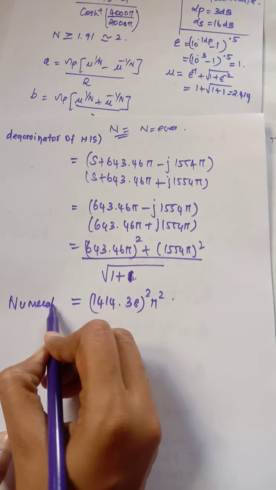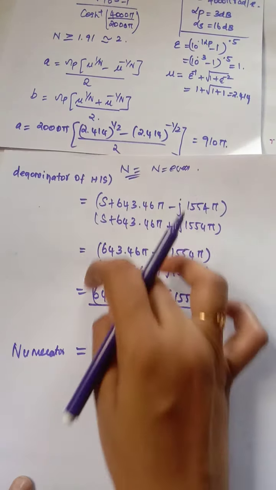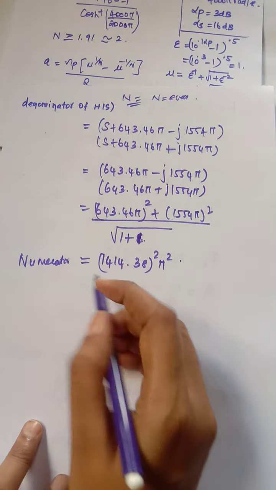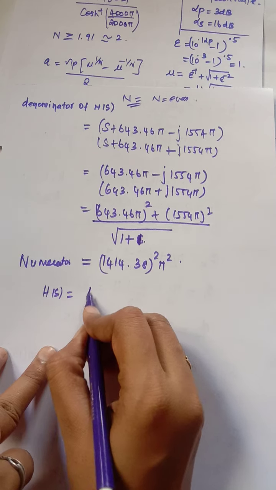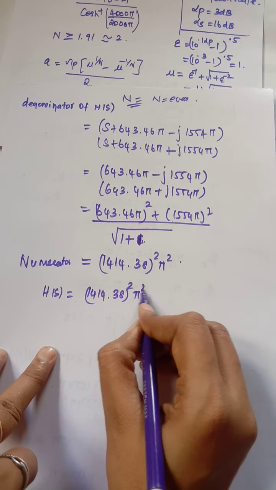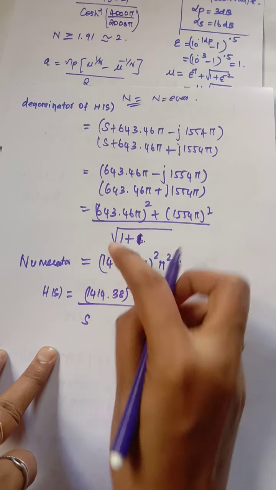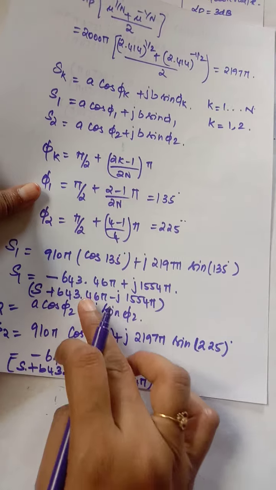So this is what the denominator of H of s. In this denominator we are going to perform some operations. So here H of s is equal to (144.38) the whole square pi square divided by the denominator, these poles.